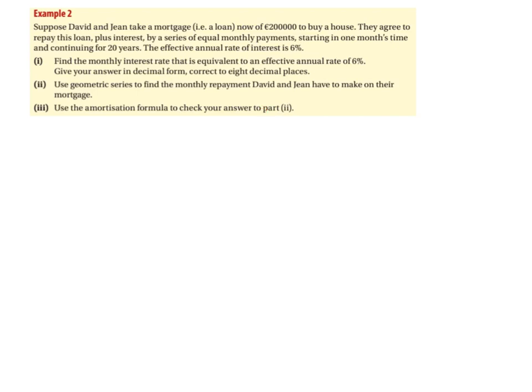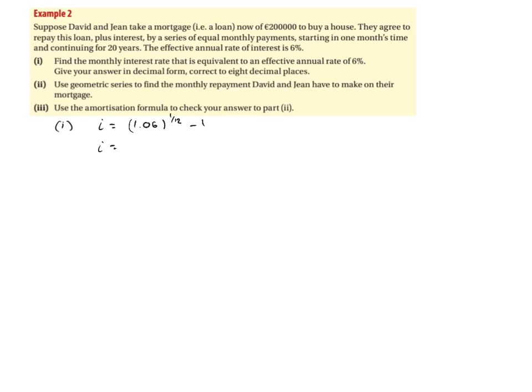So let's have a look at the first part. What we are told is that the effective annual rate is 6%. So what we know is that our monthly rate, I, is going to be equal to 1.06 to the power of 1/12, because we're trying to take the 12th root of that in order to work out what our monthly rate is going to be. Don't forget we need to take away 1 to get the actual rate as well.